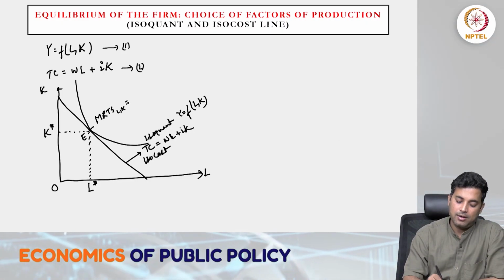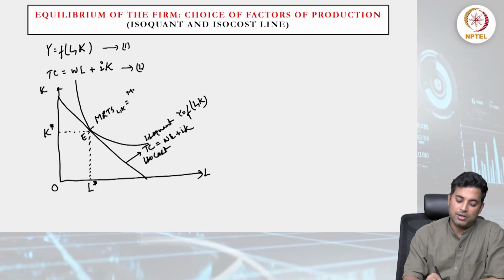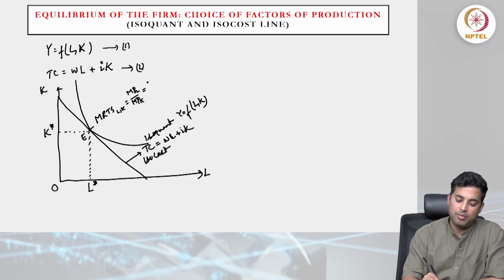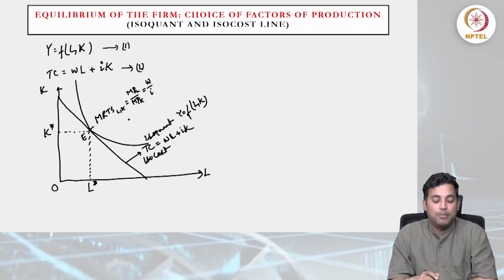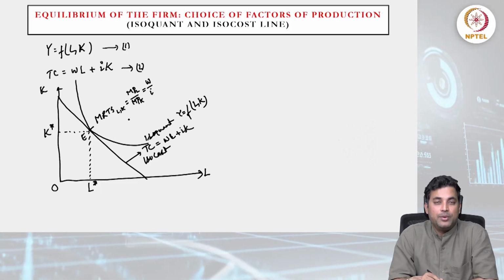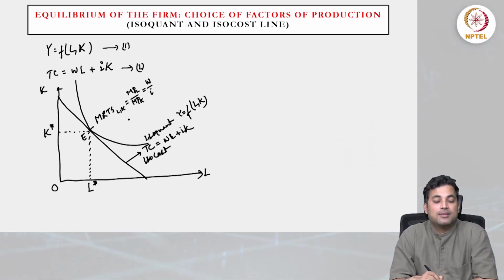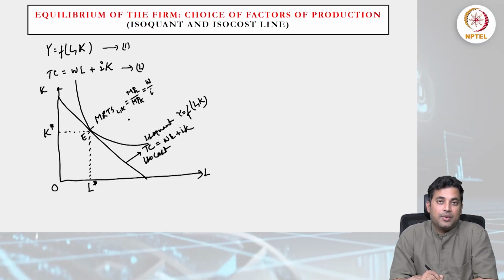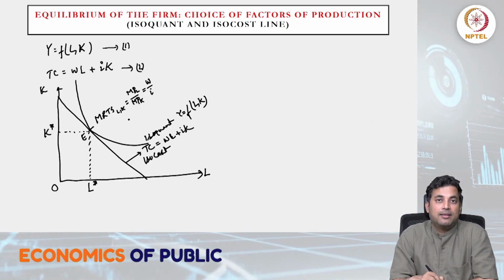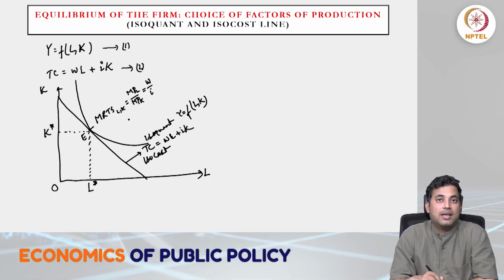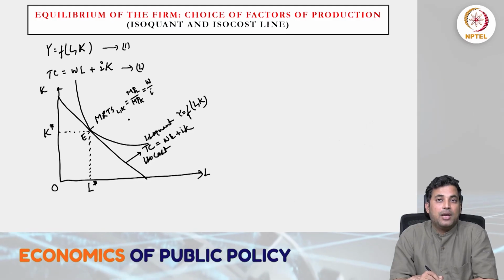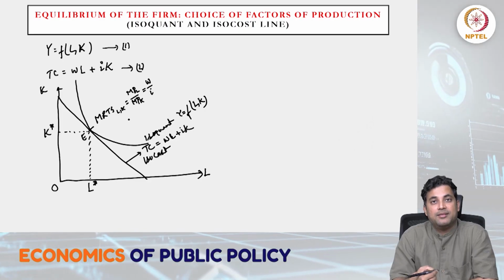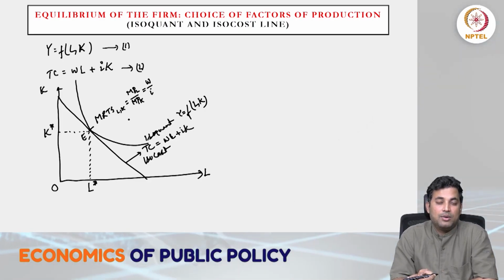between L and K, which is the marginal productivity of labor by the marginal productivity of capital. With the same logic as in consumer behavior, where we saw that the optimization condition was fixed at a point where MUx by MUy, the marginal rate of substitution MRSxy, equals MUx by MUy equals Px by Py, the price ratio.